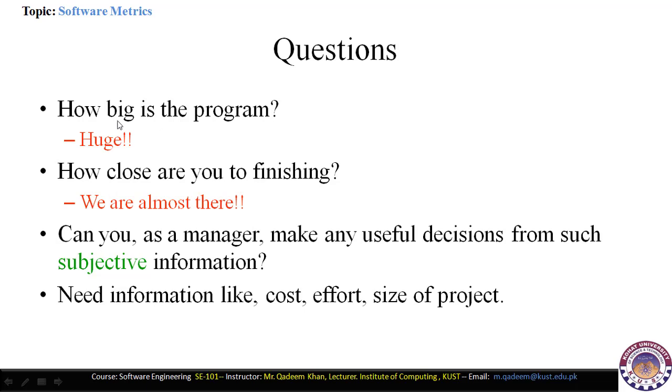We say how big is the program, and we cannot just say that this is a huge program, but how huge it is, or how much of our task we have completed. So this is the manager's problem, that the manager takes useful decisions from subjective information. Subjective information means that we have no numerical information, just statements like huge or almost there.